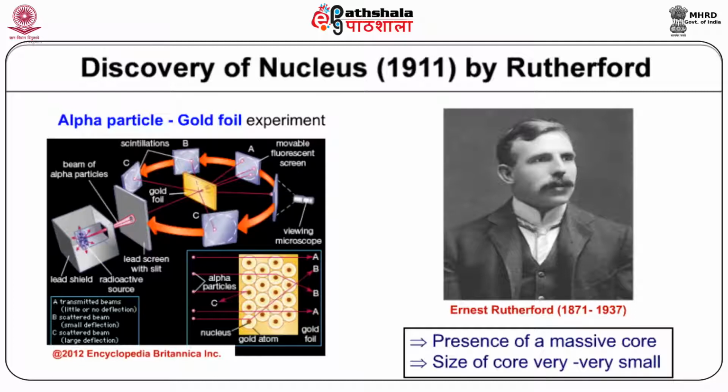What he found in the analysis is that most of the alpha particles were undeviated after passing through the gold foil. There were a few alpha particles which were scattered at a certain angle with respect to the initial direction, and he found a very small number of particles which were backscattered.